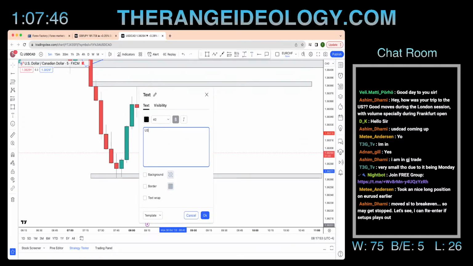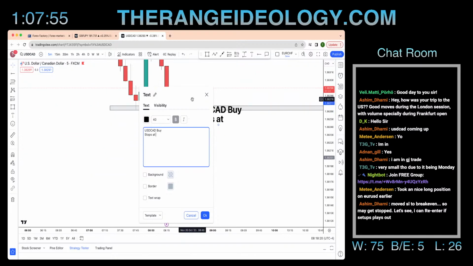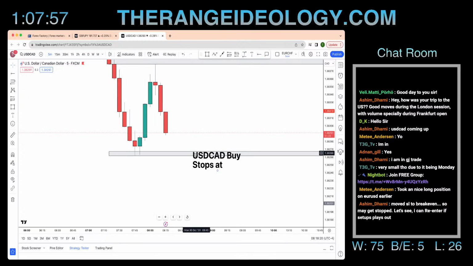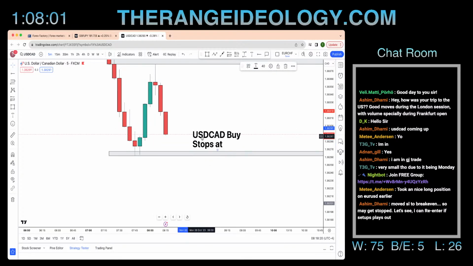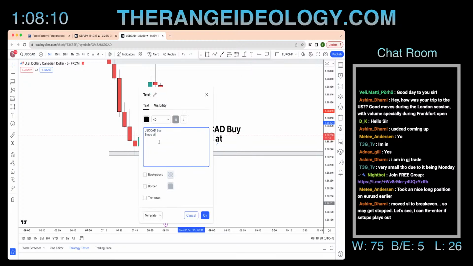So USD CAD, buy stops at, will this be right here? 1.38270, or 1.38, let's do 280.